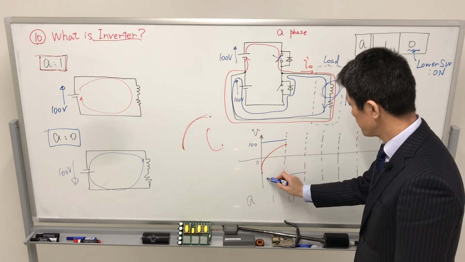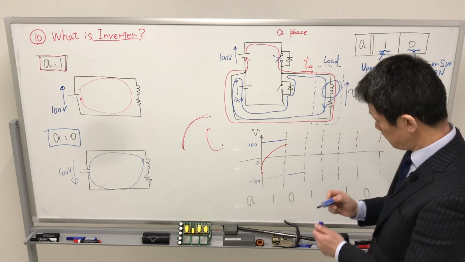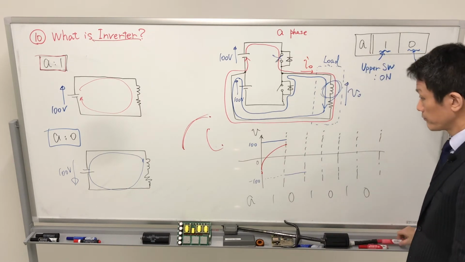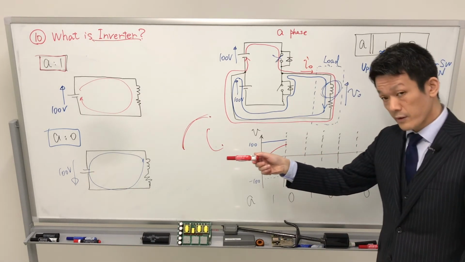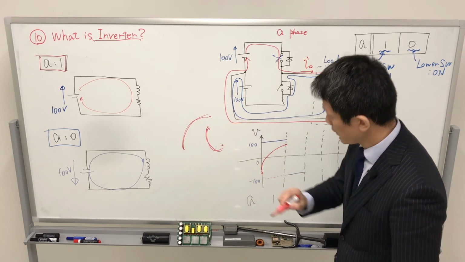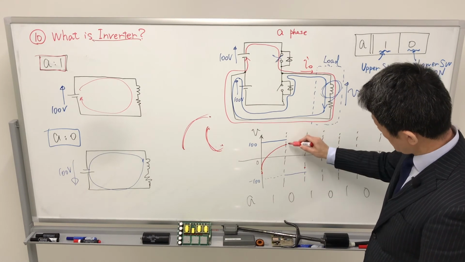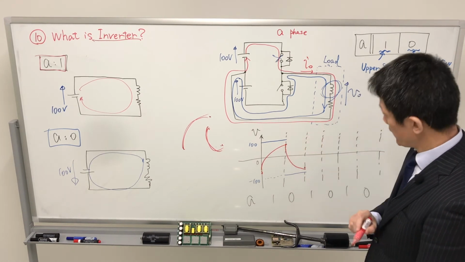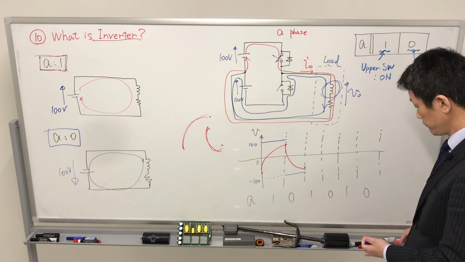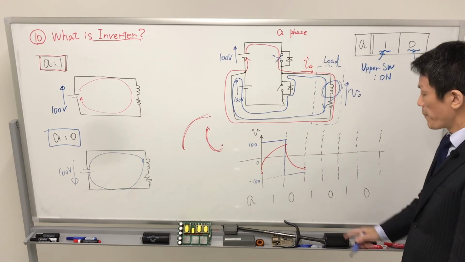Okay. And the current decreases. Decrease means the value is here, the curve is here. So it decreases. And it repeats alternately.